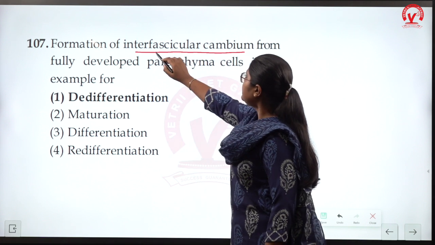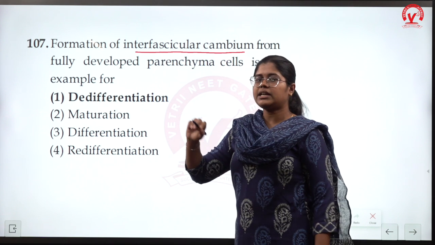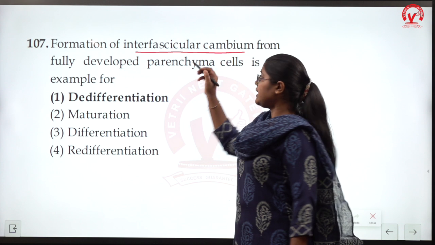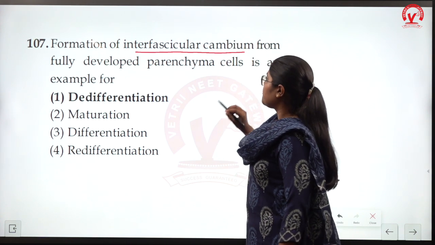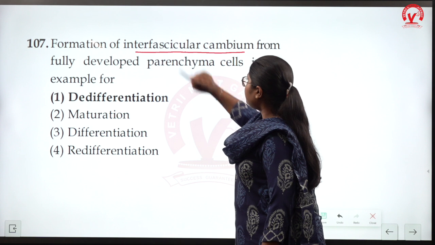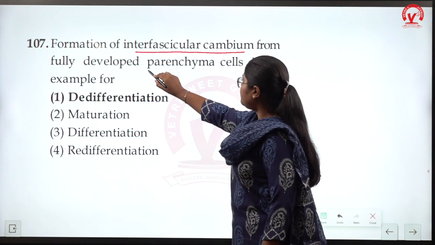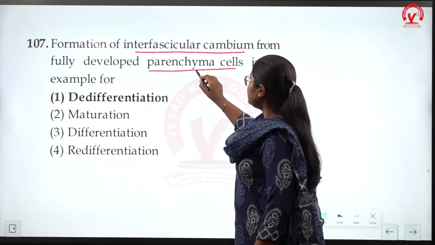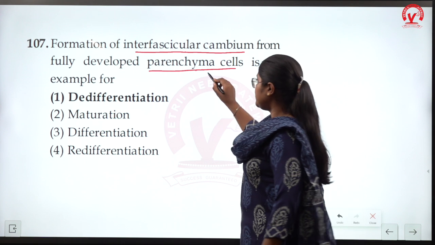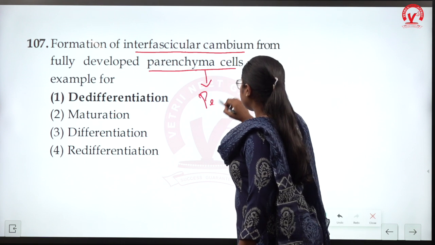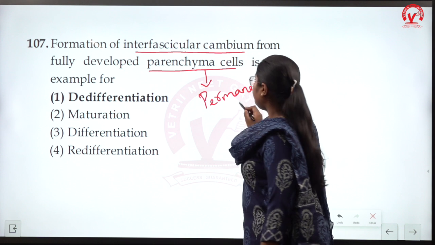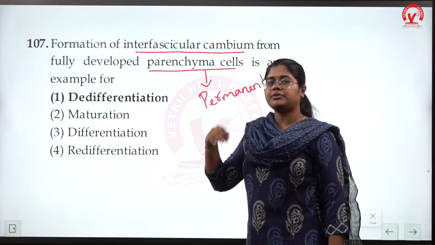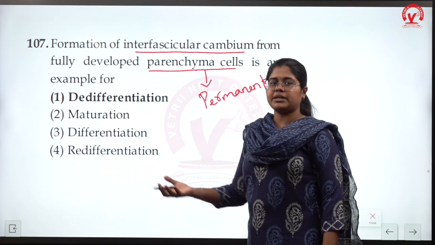So first interfascicular cambium அப்படின்னா it is formed during the secondary growth of dicot plants. So cambium அப்படினாலே it forms from the permanent cells, that is parenchyma cells. Parenchyma cells are permanent cells. So permanent cells will be formed from the differentiation of meristematic cells.